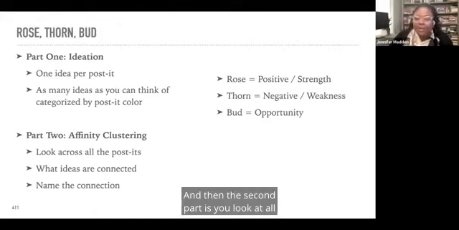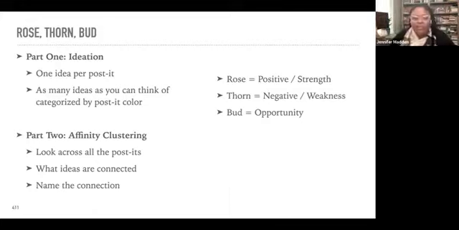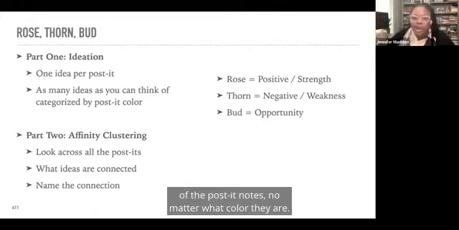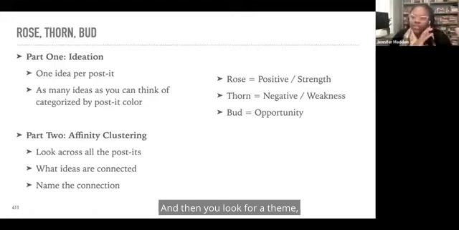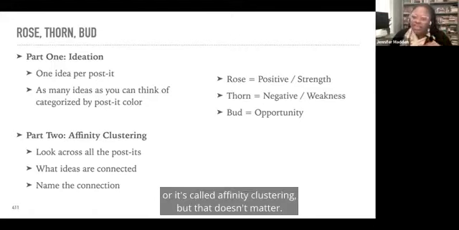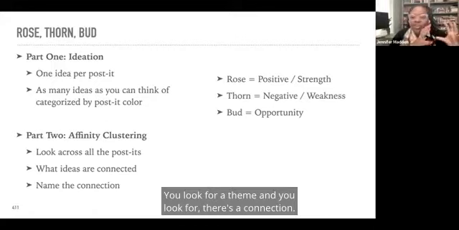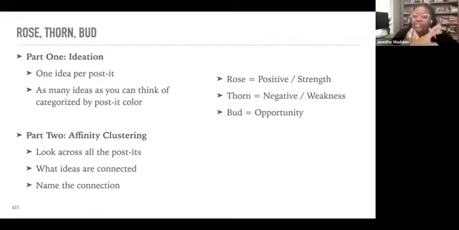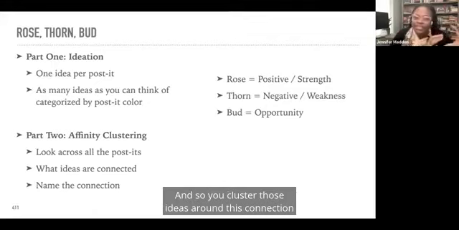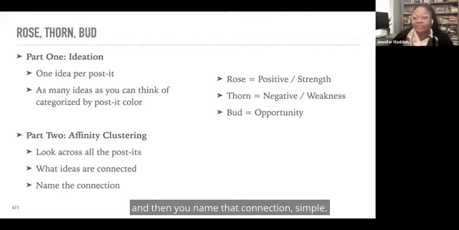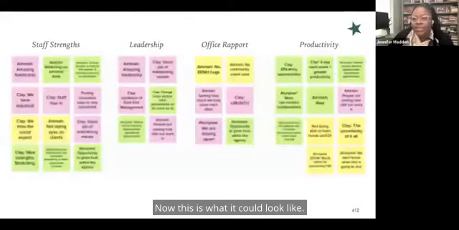And then the second part is you look at all of the post-it notes, no matter what color they are, and you look for a theme, or it's called affinity clustering, but that doesn't matter. You look for a theme and you look for a connection, and so you cluster those ideas around this connection, and then you name that connection. Simple.